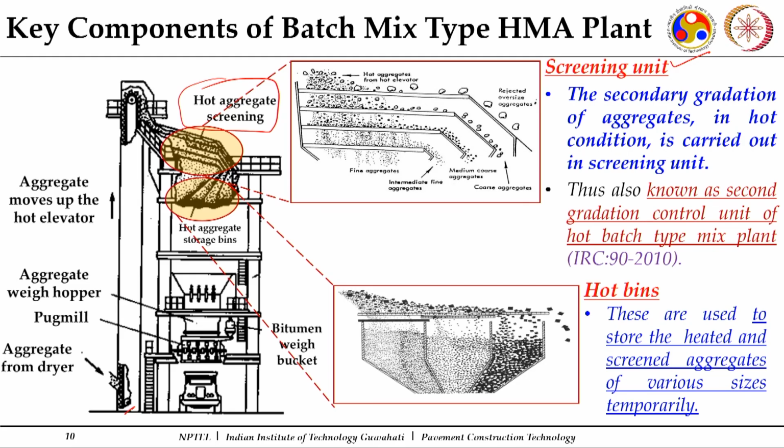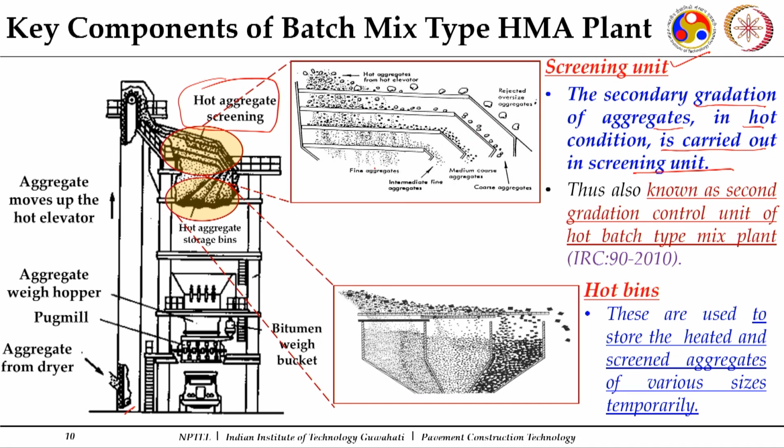This is what a screening unit is, and this is normally referred to as a secondary gradation. It is also known as the second gradation unit, because again there are different sieves where the aggregates get separated out into different sizes. So, the secondary gradation of aggregates in hot condition is carried out in the screening. You can see this is how the aggregates fall over it and get separated out into different sizes.